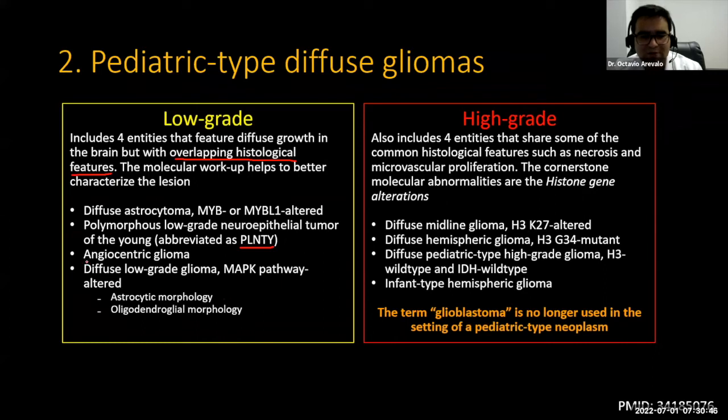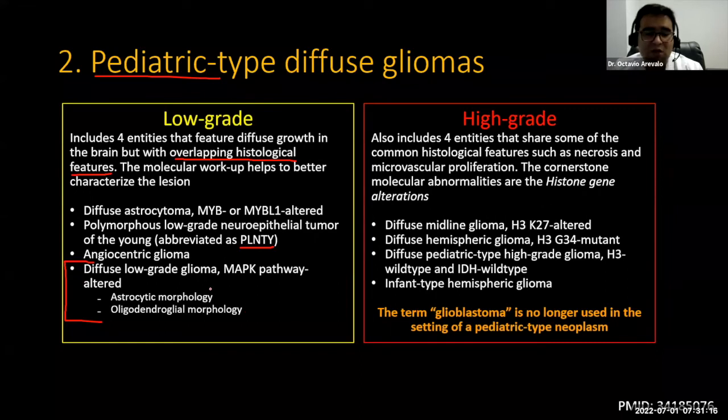This is perhaps the most stunning change to the classification, because remember, we are talking about kids here, pediatric type. So in the kids, we only call diffuse low-grade glioma with abnormalities of the MAP kinase pathway with astrocytic morphology or oligodendroglial morphology. And you say, hey, why don't you just call it astrocytoma or oligodendroglioma?